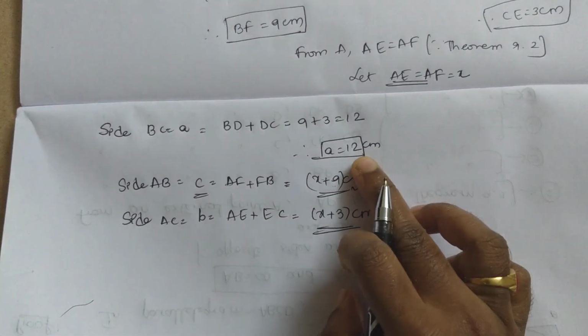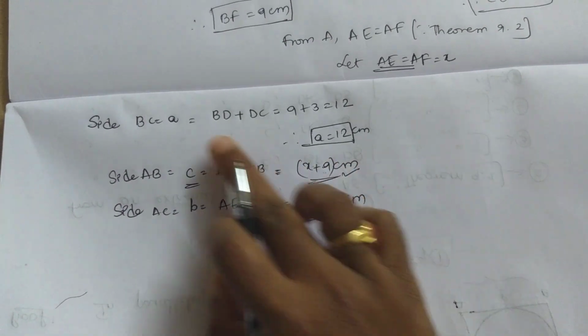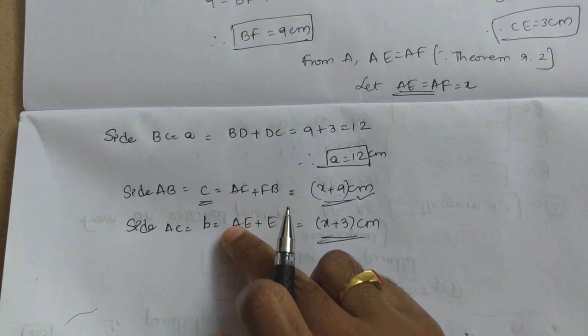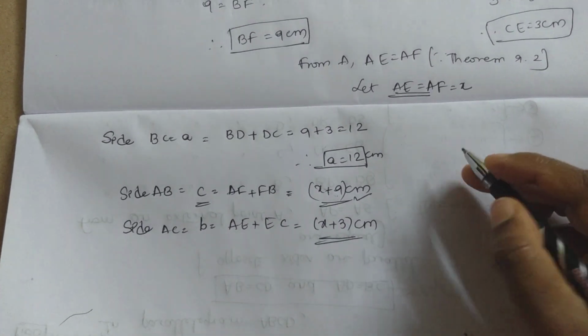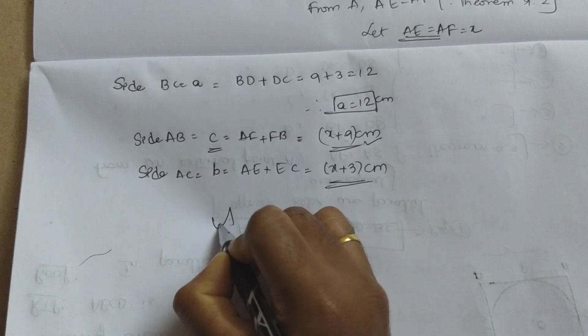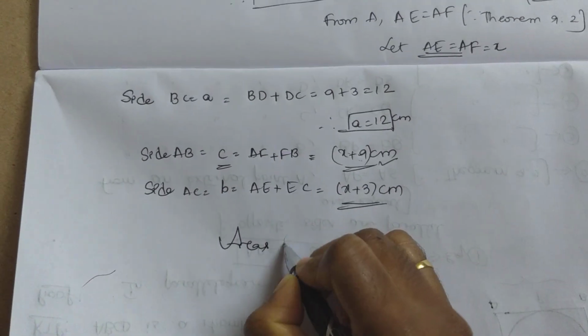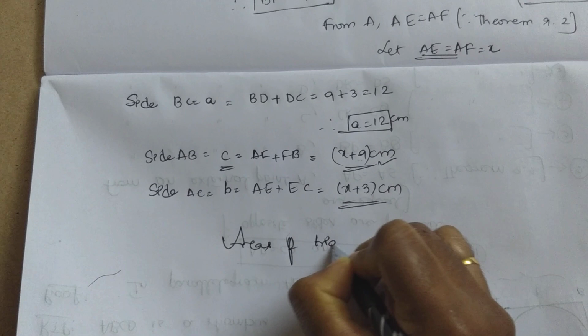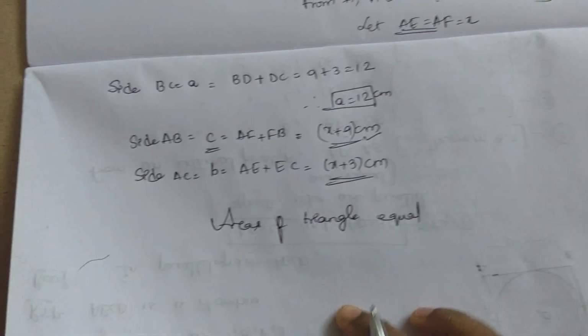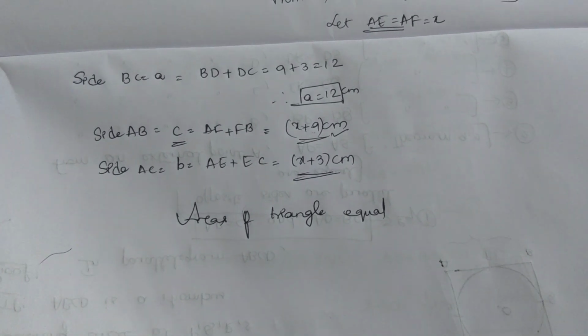So side a value is 12, c is X plus 9 and b is X plus 3. So the next step, what will I do? I will just make the areas of the triangle equal. I'll do that.